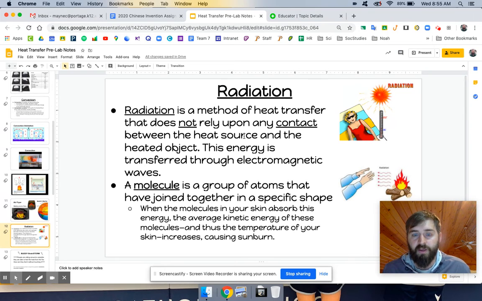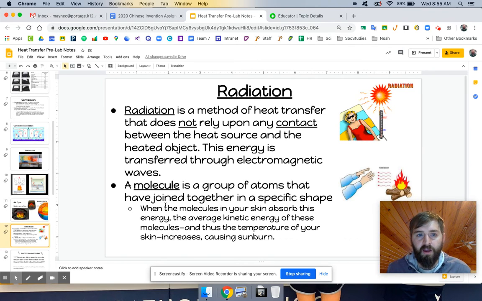Okay. And so along with that definition, it says the energy is transferred through electromagnetic waves. So not waves that you see. Okay. You can feel them, but you don't see them typically. Sometimes you can definitely see the heat off of like some asphalt or something in the summertime when the sun's shining really hot on it, and you can see that radiation a little bit coming off of that.